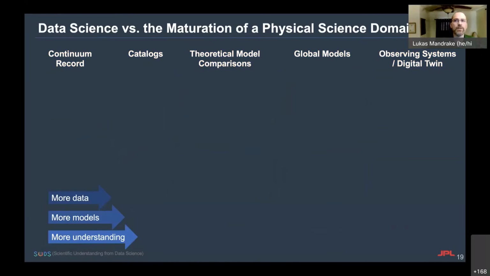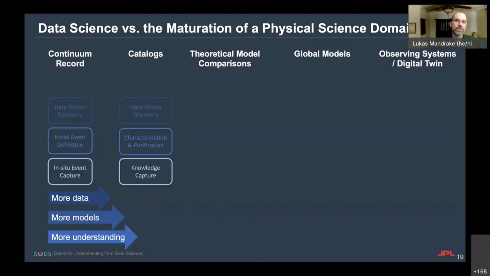So how can data science help each of these phases? In the continuum record, data-driven discovery techniques can help initially define and populate the catalog entries. Once a catalog exists, data science comes into its own by accelerating the growth, purification, and characterization of its contents, as well as facilitating the capture and representation of physical science insight to inform the broader community. As theoretical understanding grows, purely data-driven approaches inspire and inform candidate hypotheses, then shift to help evaluate and rigorously test theoretical predictions.